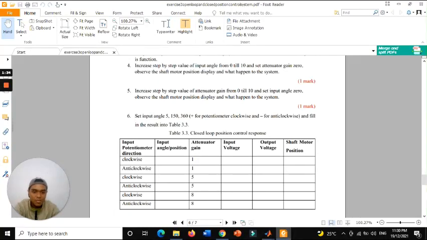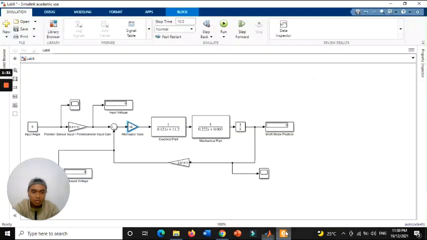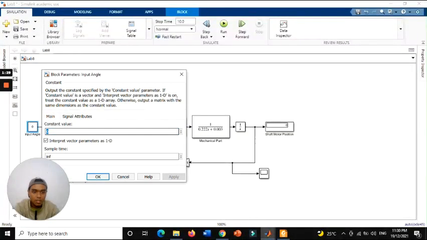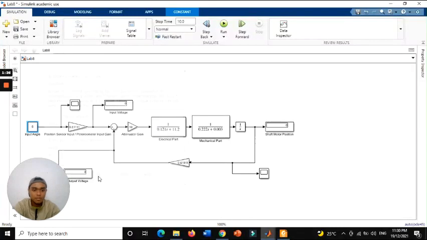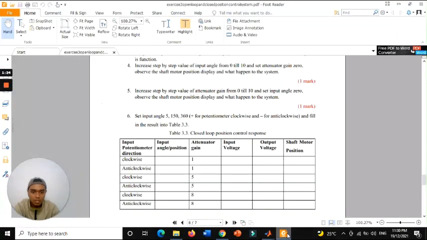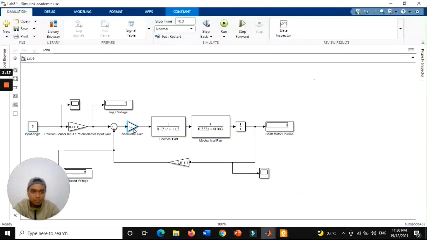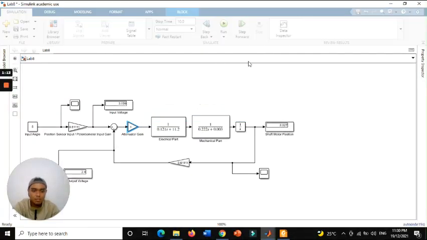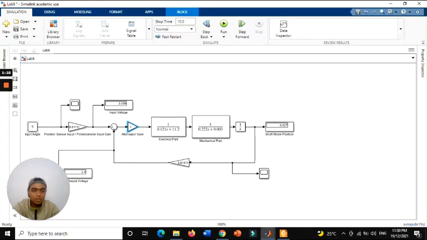So we set the input angle 5, attenuator gain 1. Okay, so this is for the value of 5 for input angle. This clockwise becomes positive, and we get a shaft motor position of 3.927.